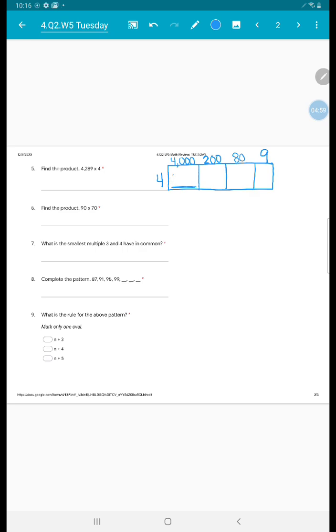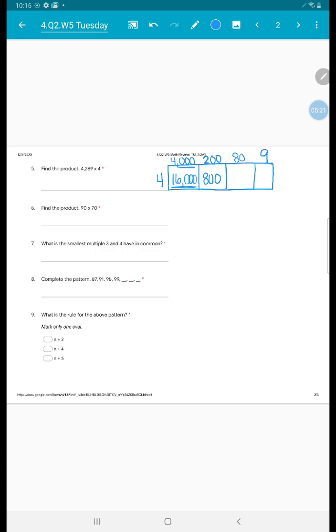Okay, 4 times 4 is 16. And I need 3 zeros because I have 3 zeros that I'm multiplying. Next, I'll need to do 200 times 4. Olivia, what is that? 800. Very good. 800. 2 times 4 is 8, and I have 2 zeros.